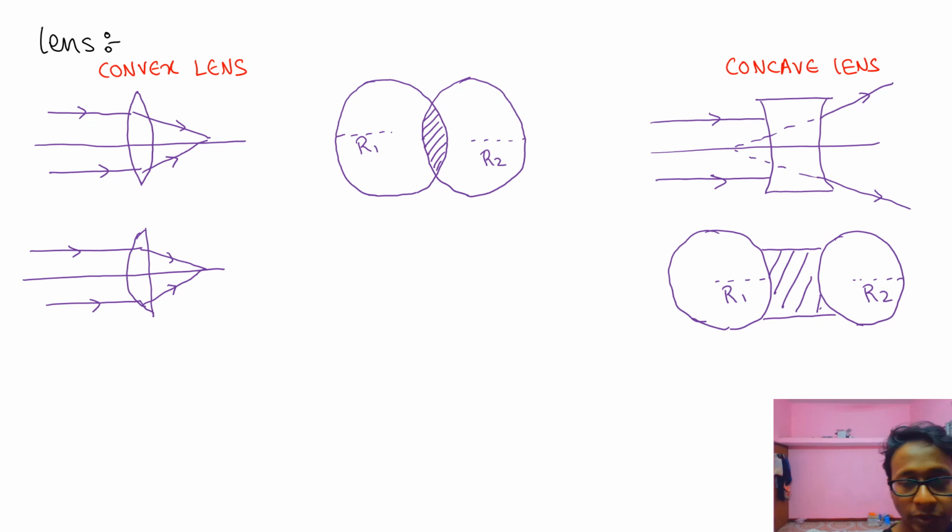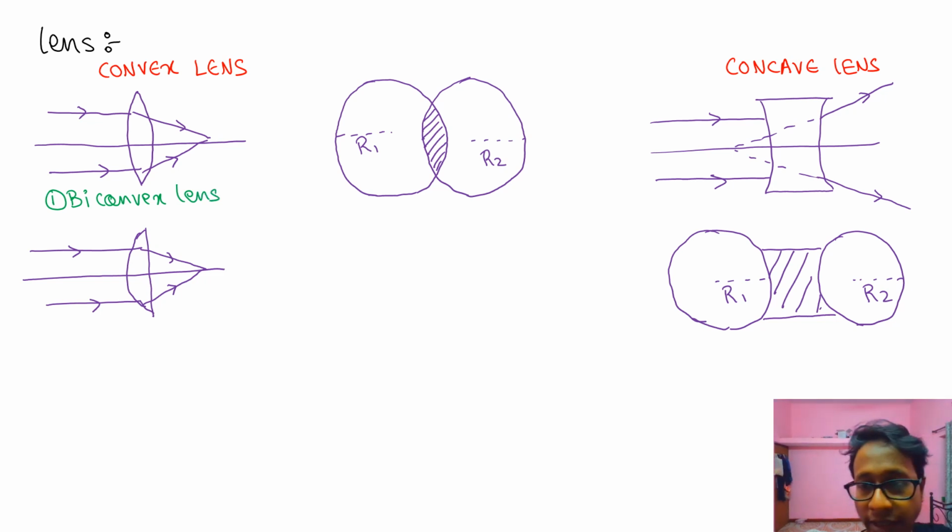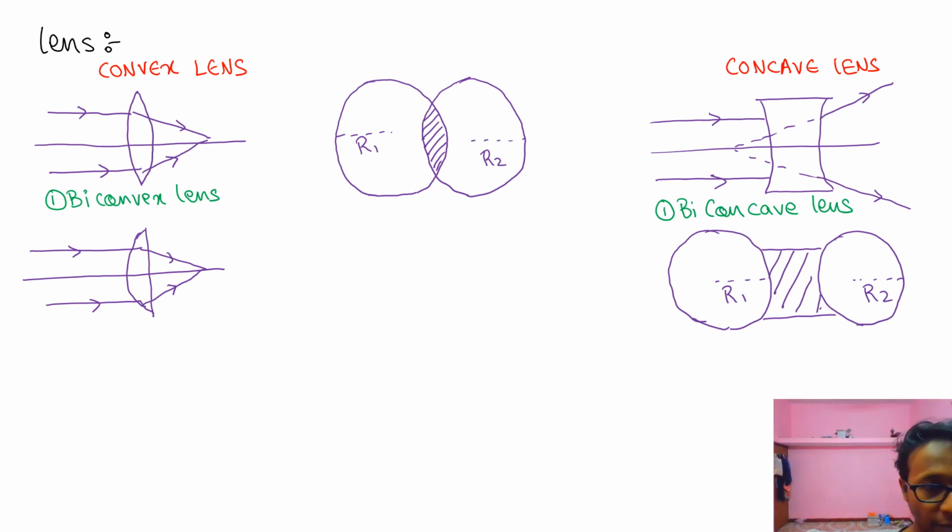So the first type of convex lens is usually the biconvex lens. And this one is the biconcave lens.